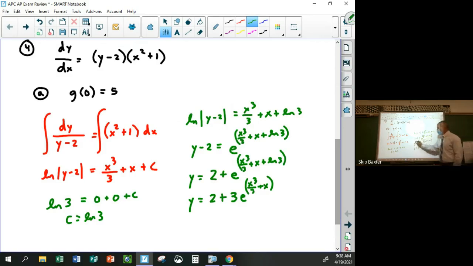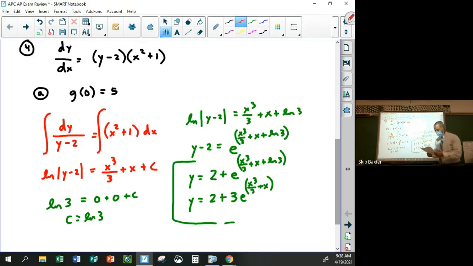So either one of these two is the correct answer. That's g of x. Okay? That was worth 5 points, just that part of it. 1 point for separation of variables, 2 points for the two antiderivatives, 1 point for having the plus c and using the initial condition, and 1 point for solving for y correctly. Any questions on that part?